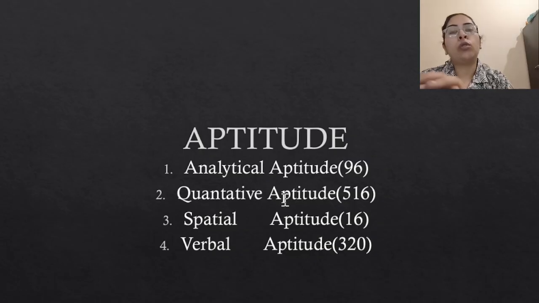Quantitative aptitude constitutes about 516 questions, spatial aptitude about 16 questions, and verbal aptitude about 320 questions. But you can see that quantitative aptitude is very important as it contains 516 questions. So we shouldn't ignore the quantitative aptitude.